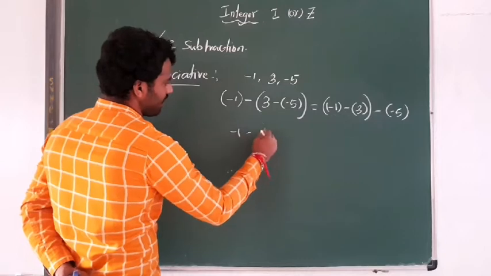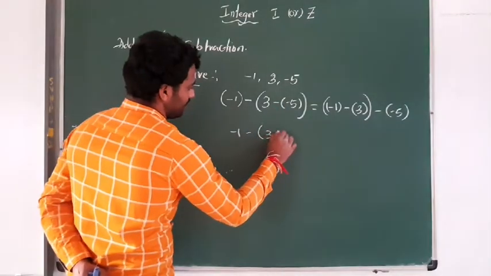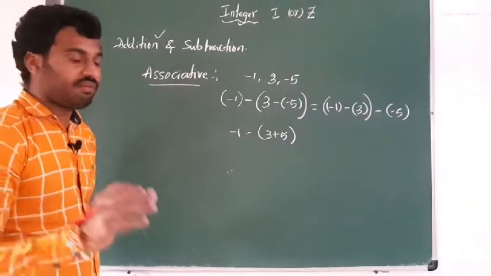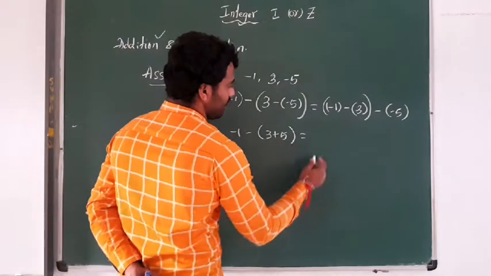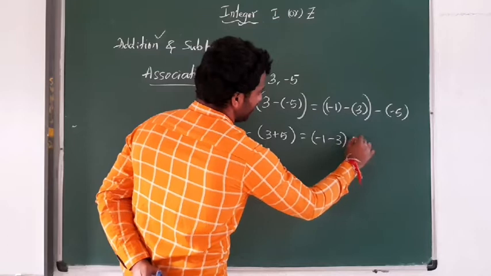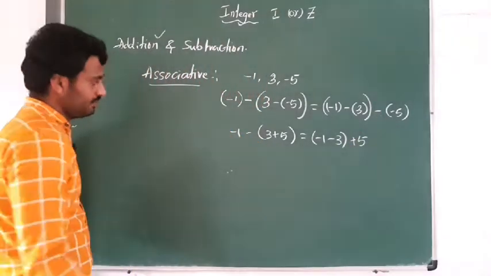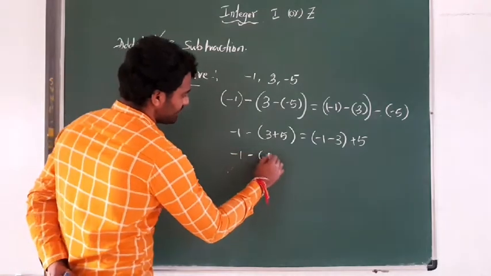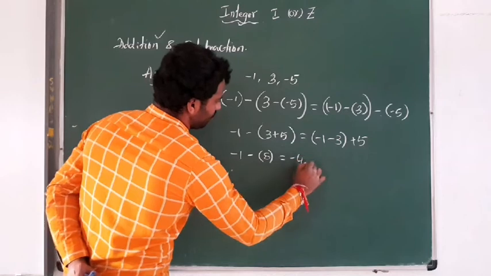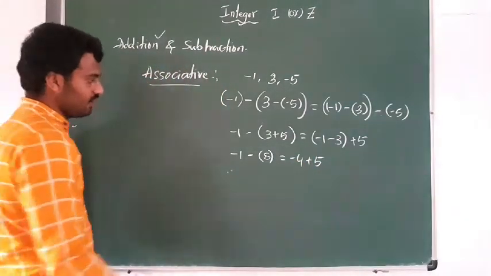So -1 minus of minus into minus plus 3 plus 5. If it is minus there, you should be very careful. Clear or not? Here -1 minus 3 minus into minus plus 5. Clear? So minus of minus 8, here -1 minus 4 plus 5. Clear or not?